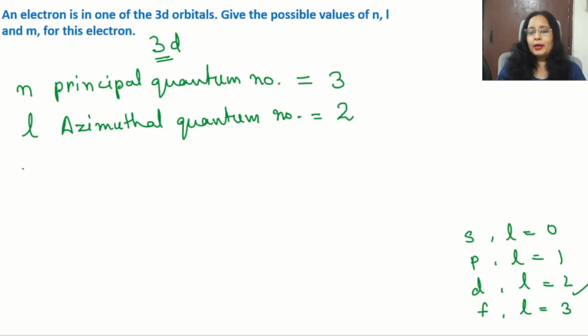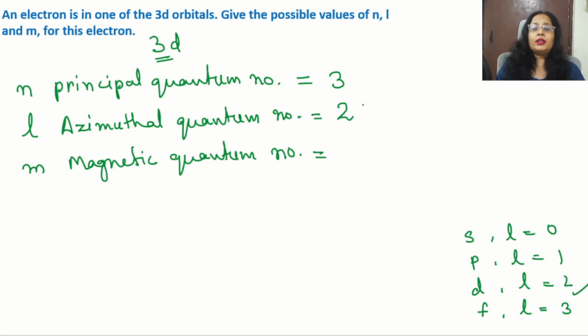Now come to m. It is also known as the magnetic quantum number. It tells about in which orbital the electron is there. So the possible values of m range from minus l to plus l.